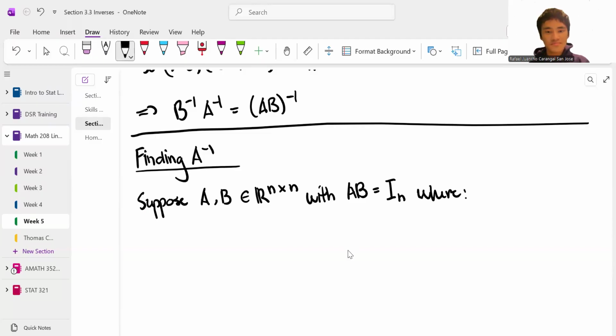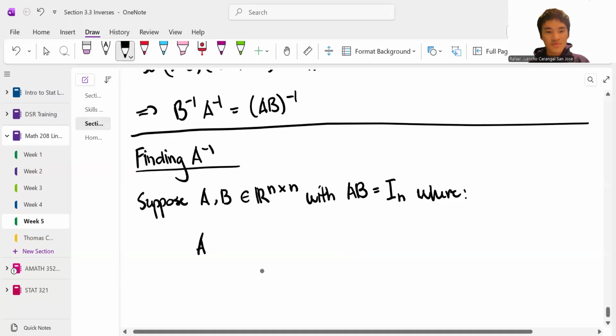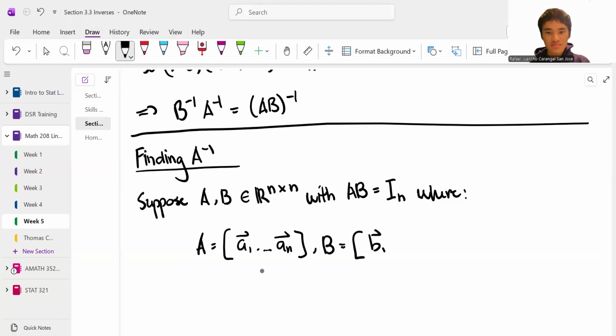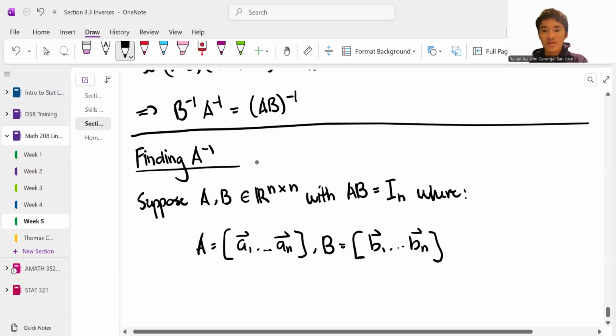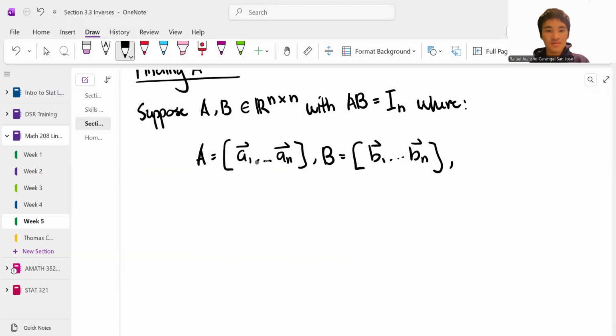Where we're just writing components A sub 1 all the way to A sub n. So these are column vectors. B is this guy. And we can write I in a nice way as well.